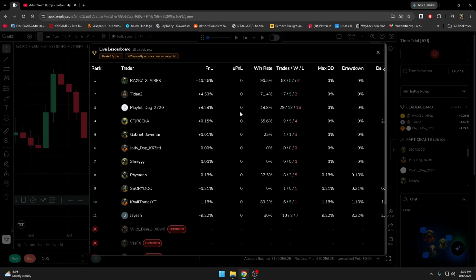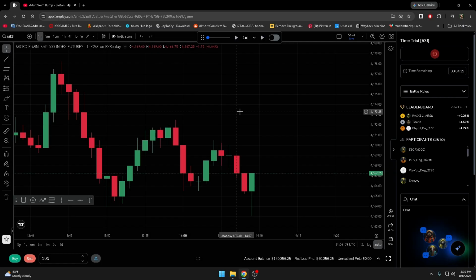Entry. Enter when price goes below the third candle.